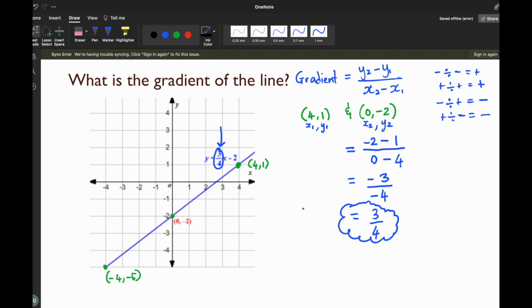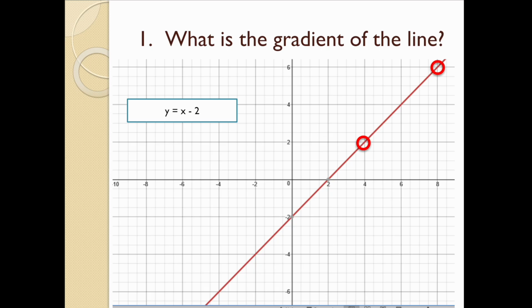And always remember, we always put the y values, y2 take away y1, at the top of the equation. Make sure when you're doing this, you be careful with what values you use in x, y. First, it's a coordinate, x, y. And do not forget to put x1, y1, x2, y2 on those coordinates before you calculate.